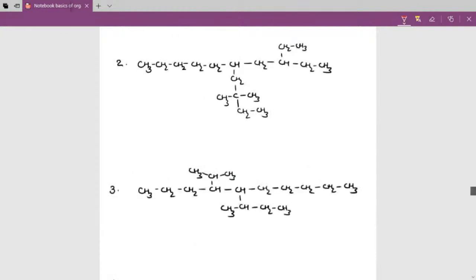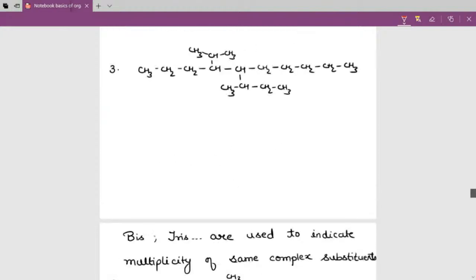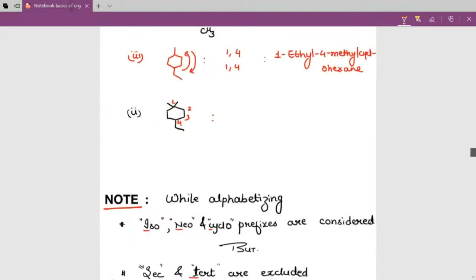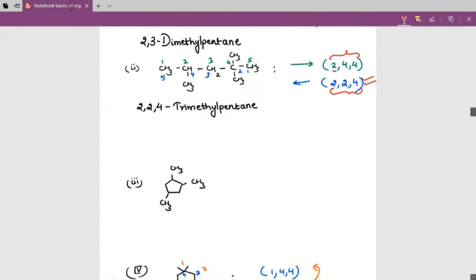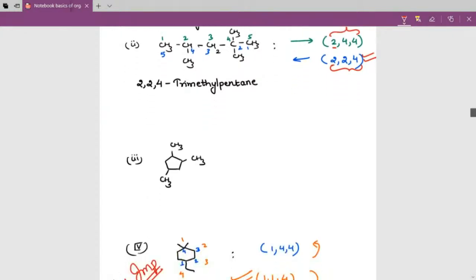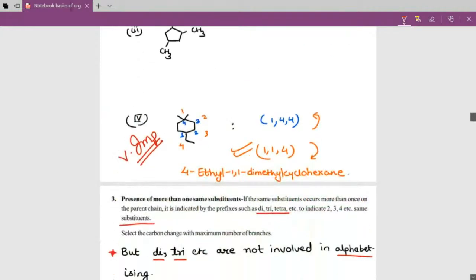Now, we have to practice further how to name alkyl groups. We will discuss the naming of alkyl groups tomorrow.